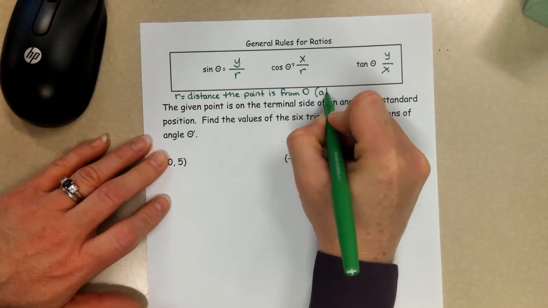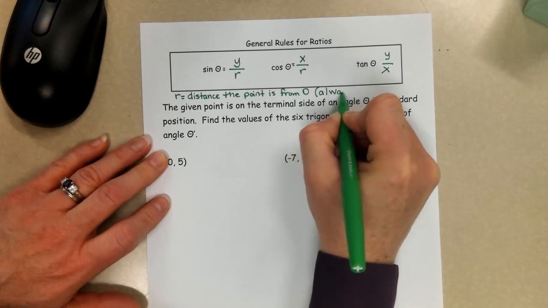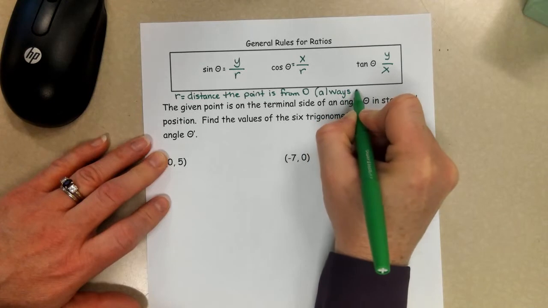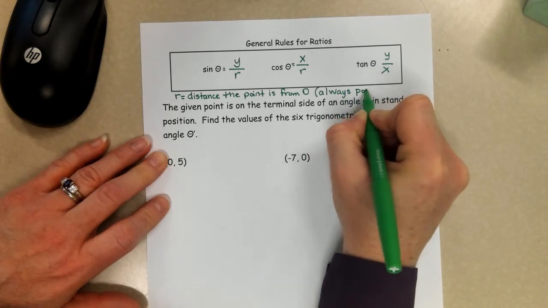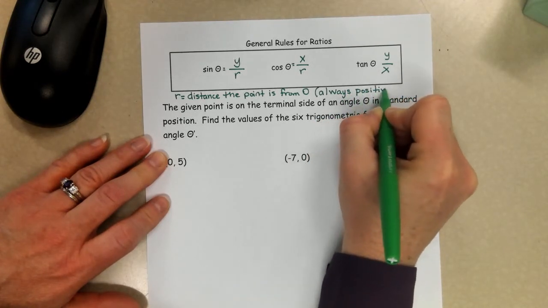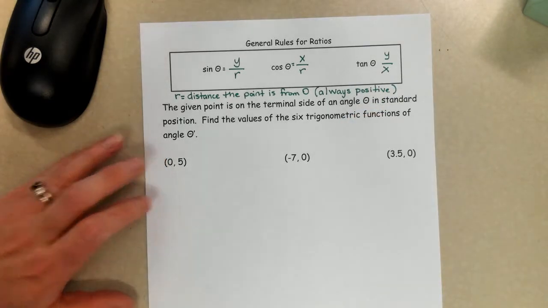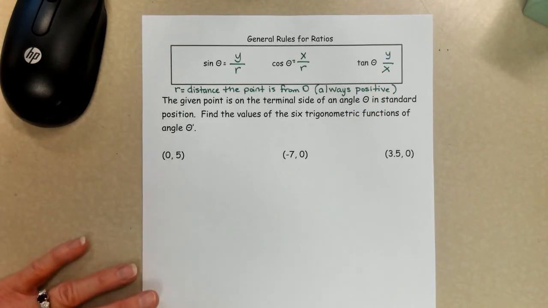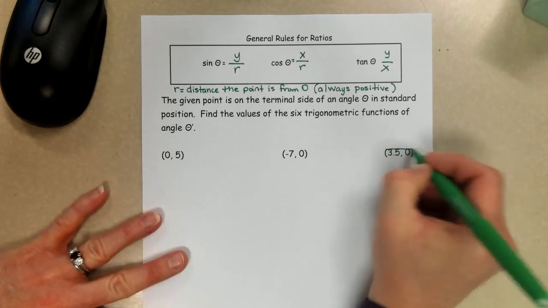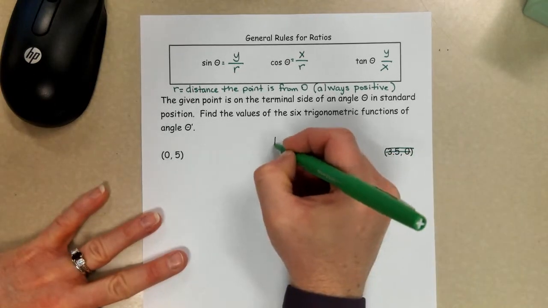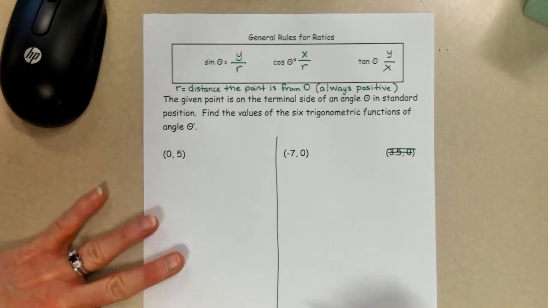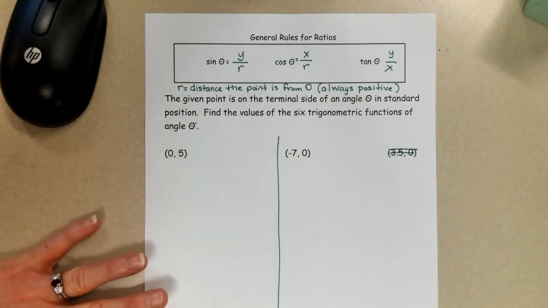And if it's on an x or y axis, we'll talk about that in a minute. Since it is a distance, it's always a positive value. Distance formula in geometry always gave us a positive value. Here we are always having a positive value.